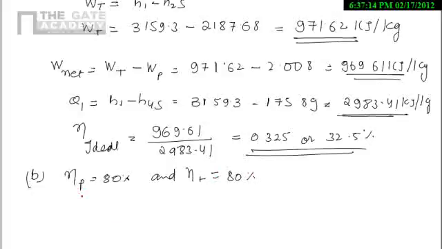We have already calculated the turbine and pump work for the ideal process. Now for the actual process, the pump work will be the ideal process work, 2.008, divided by 0.8. So we get the pump work for the actual process as 2.51 kilojoule per kg.